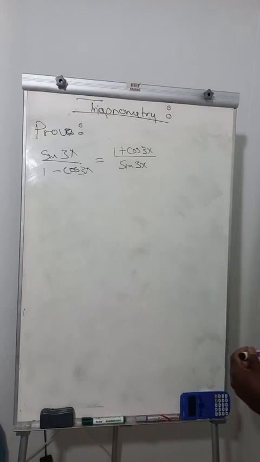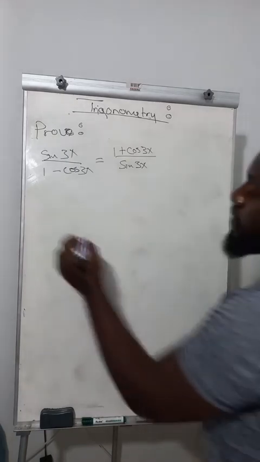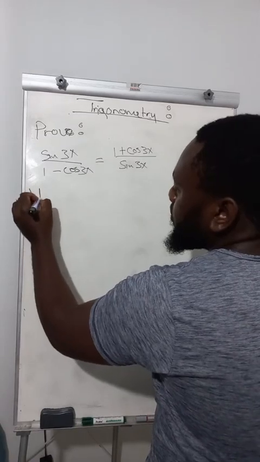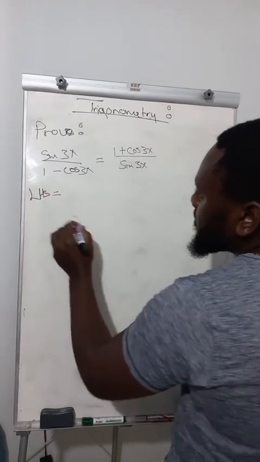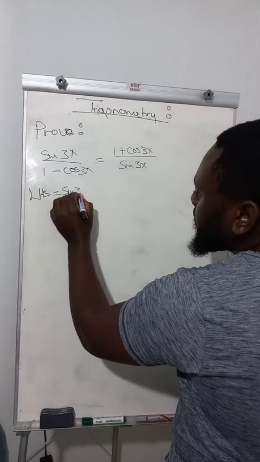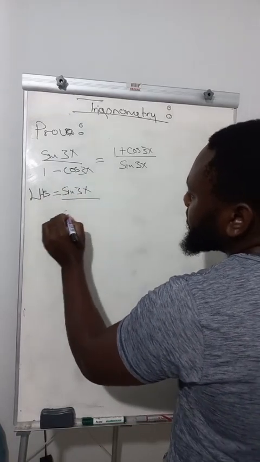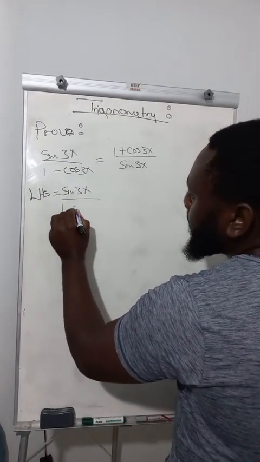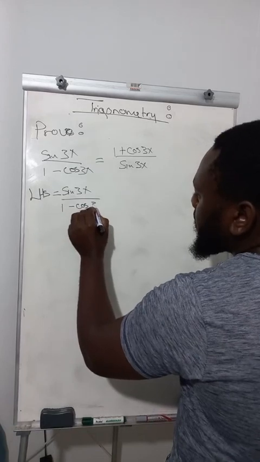Okay, I'll do both sides maybe for you to try and understand. Here you'll choose the left hand side and say sine 3x, all divided by 1 minus cos 3x.